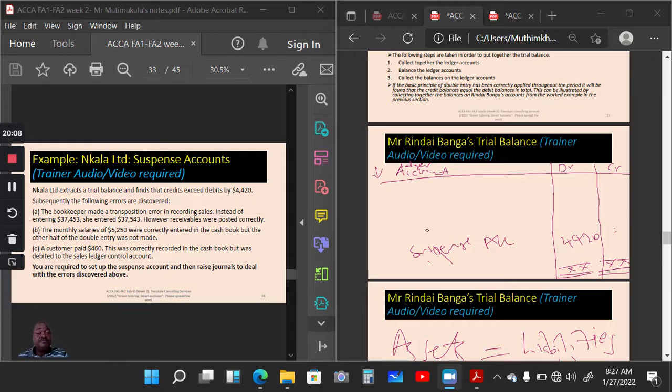The accountant, before investigating, opened a suspense account to ensure that the trial balance balances, and you opened a debit suspense account to meet the deficit required to balance up, because the credit side was found to be exceeding the debits by 4,420.